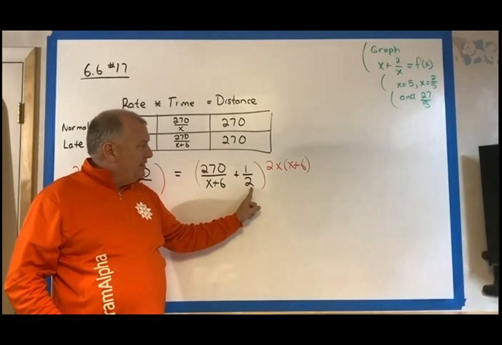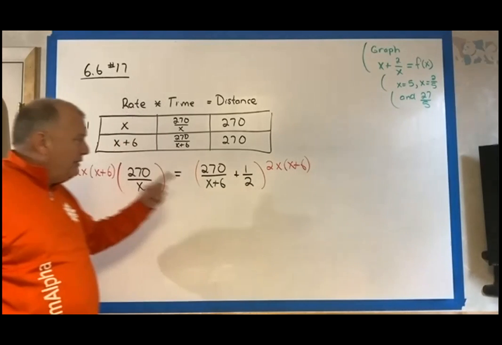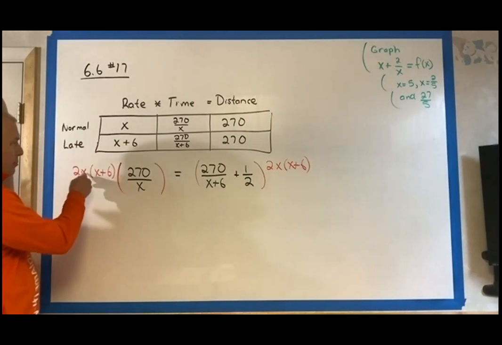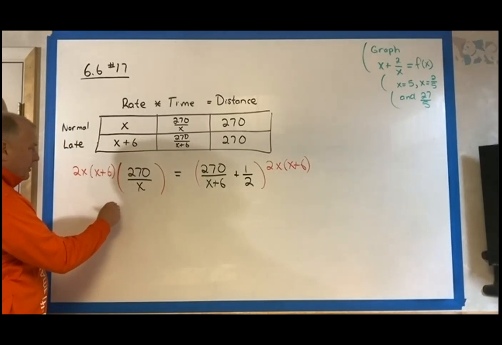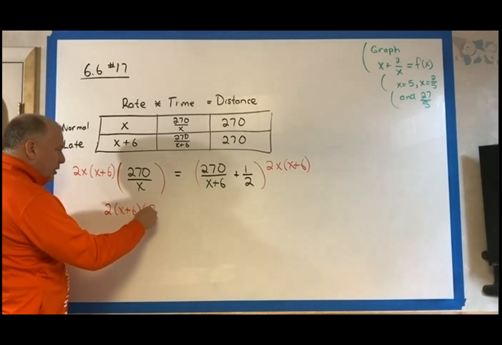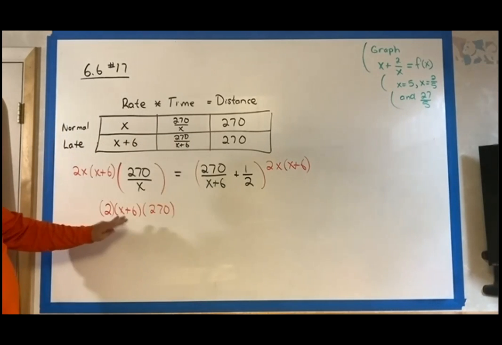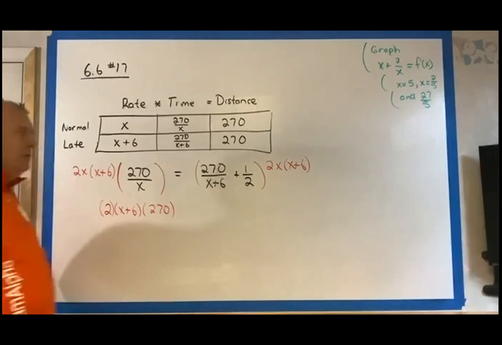This person is missing an x and an x plus 6. So that's what I have to supply. That's the least common denominator. Now when I multiply it through, I cancel an x on this side. So I have 2 times x plus 6 times 270. I think I got to multiply that out, but let me just write it.